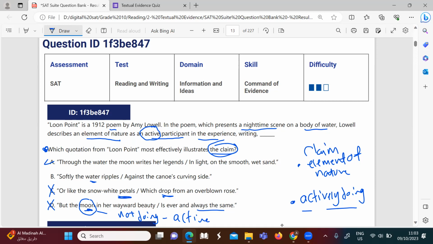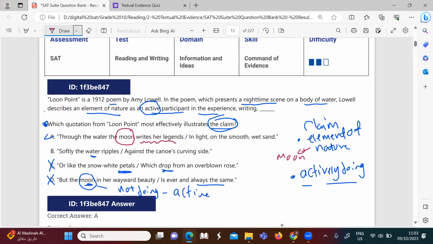I will choose A. Through the water, the moon writes her legend. This is a personification. So what is the element of nature here? We have the moon. How is the moon actively participating? The moon is writing something.